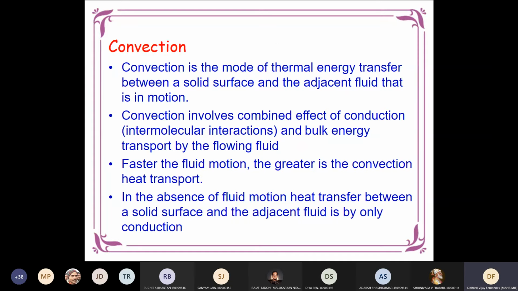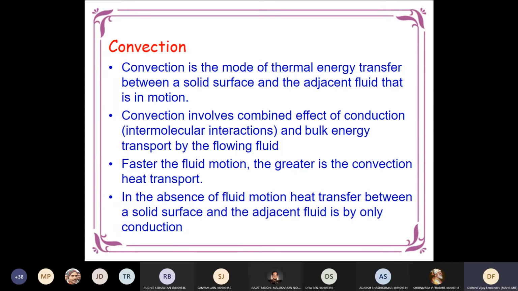Then we will consider the other mode, that is convection heat transfer. It's a more complex mode of heat transfer. For your case, it has been simplified; we are not going into the details of fluid flow and all those things.